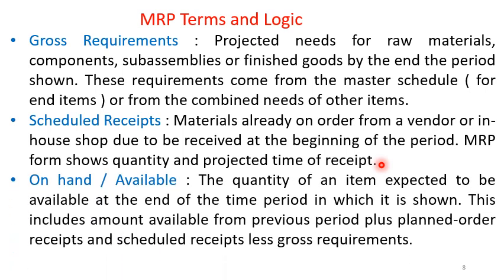On hand availability, or on hand available stock. Materials which are on order and yet to be received are scheduled receipts. Now, on hand available is the quantity expected to be available at the end of the time period in which it is shown. For example, it could be the amount available from the previous period. Some you ordered in the previous period and some of it is not utilized. It's still with you, in your premises.